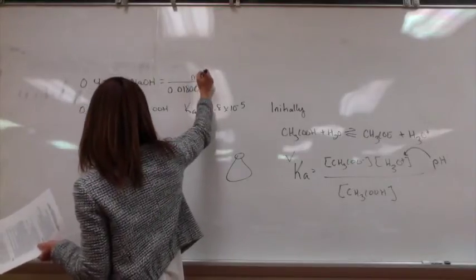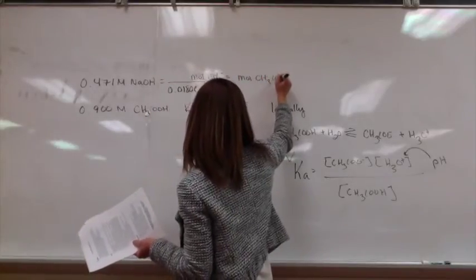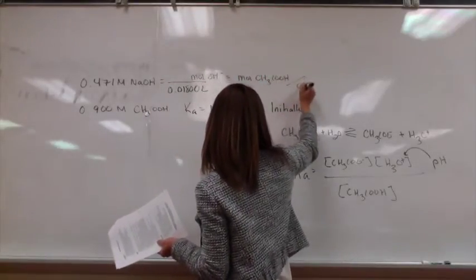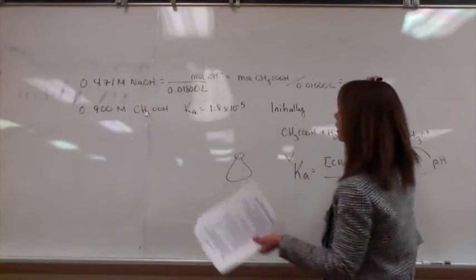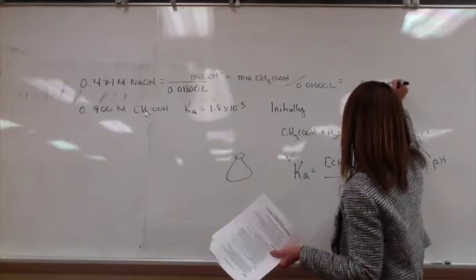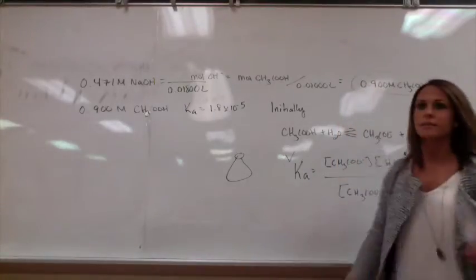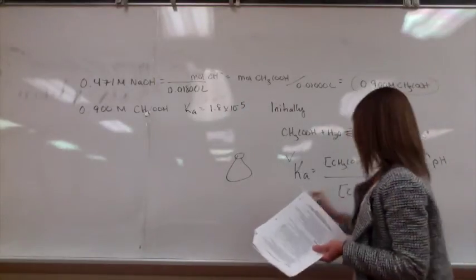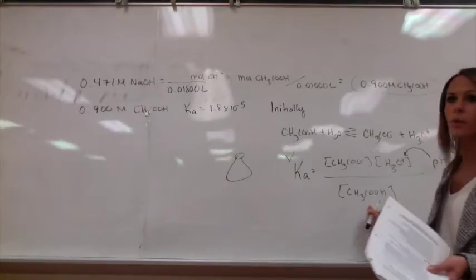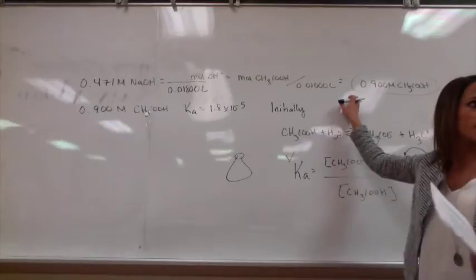You find your moles of OH minus, which will equal your moles of CH3COOH, and then you divide that by the exact 10 milliliters that you used, and that will give you roughly your concentration, which I'm assuming today is going to be somewhere around 0.9, okay? You're going to do that 3 times. I'm assuming you already did. That would be the concentration we're going to plug in. Everybody following that? You get this answer from your endpoint.